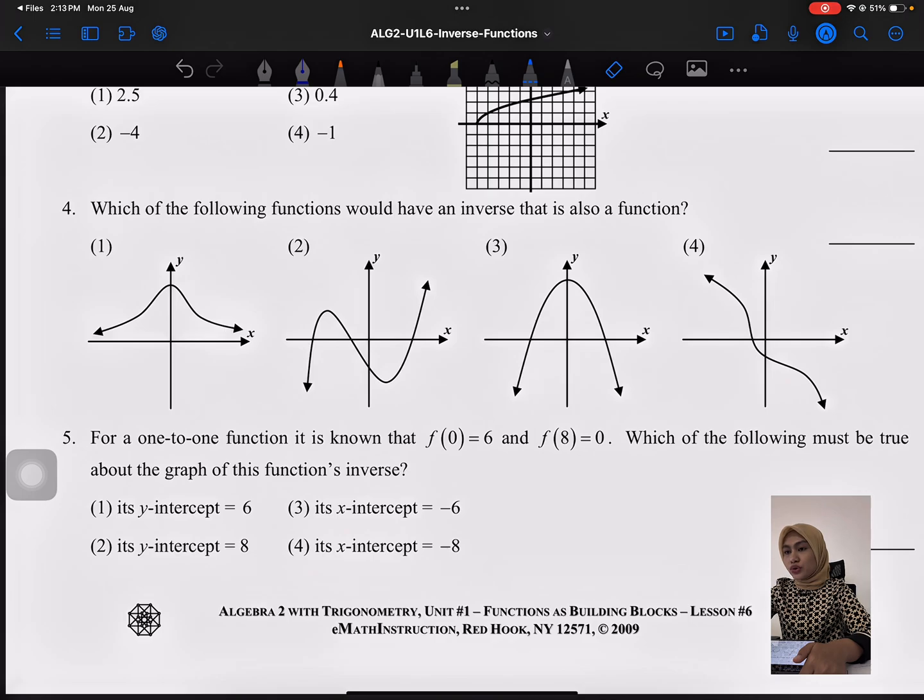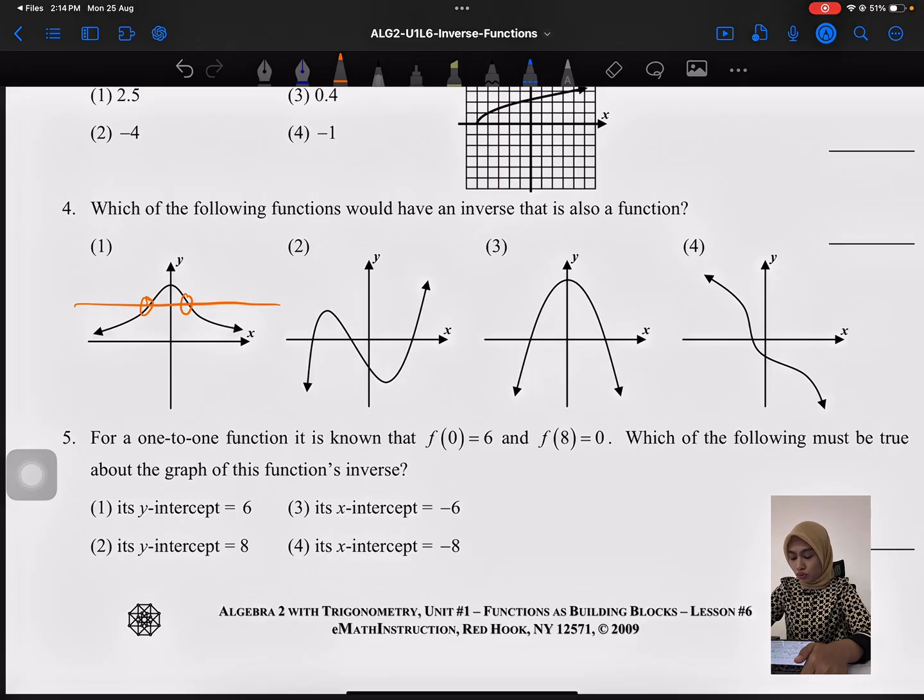So now go through the first graph. When we do a horizontal line test, you have 2 points giving you the same value of y, so it is not a one-to-one function and fails the horizontal line test.